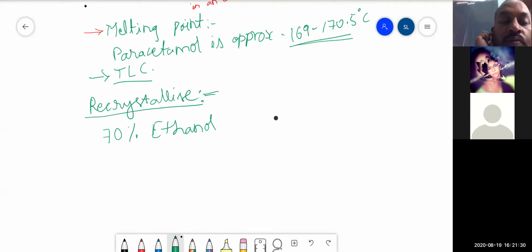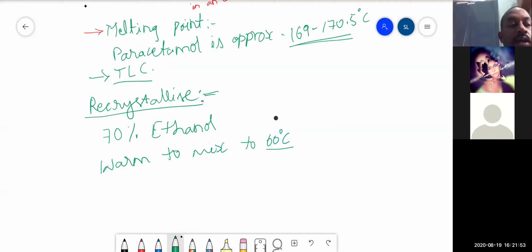Okay, so we have to take 70% ethanol in a beaker and then warm the mixture to about 60 degrees. Then after warming to 60 degrees, most of the paracetamol will get dissolved into the 70% ethanol.